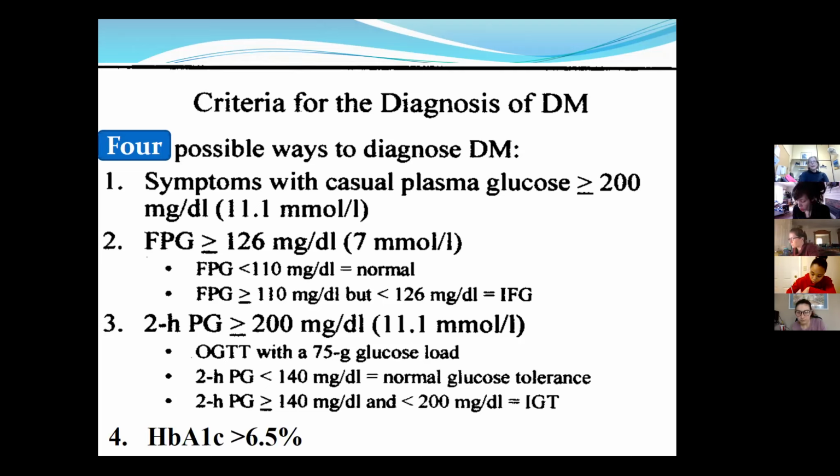There is another category that's greater than 110, which is normal, but less than 126, which is diabetic, which is called impaired fasting glucose. IFG, impaired fasting glucose. And I'm going to get back to that impaired fasting glucose in just a moment, but we'll progress through these other criteria first.